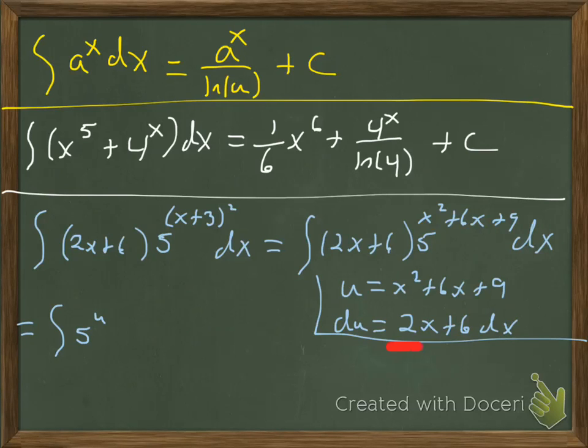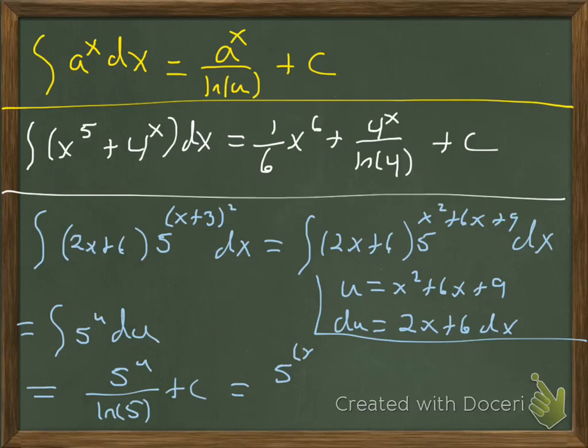So we're going to go ahead and replace. The 2x plus 6 and the dx is all replaced. The u replaces the exponent, so we are in very good shape. So what's all left is 5 to the u du. You know how to do that. It's going to be 5 to the u divided by ln of the base, ln of 5, plus constant of integration.